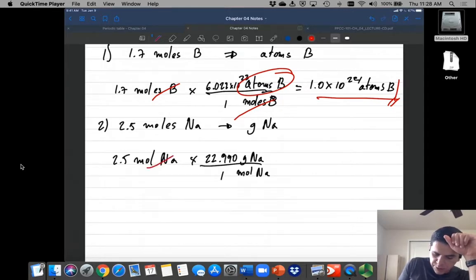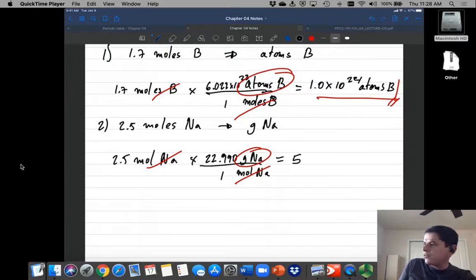So again, units cancel, grams of sodium. And after that, the calculator gives you 57.4 something, but that goes ahead and rounds to 2 significant figures as 57 grams of sodium.